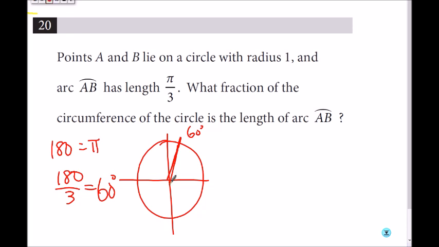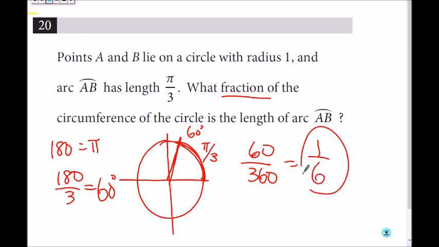The question is, what fraction of the circumference of the circle is the length of arc AB? So it is 60 divided by 360, which is 1/6. If you can work with radians, it's pi over 3 divided by the whole circle, which is 2 pi. So you get 1/6.